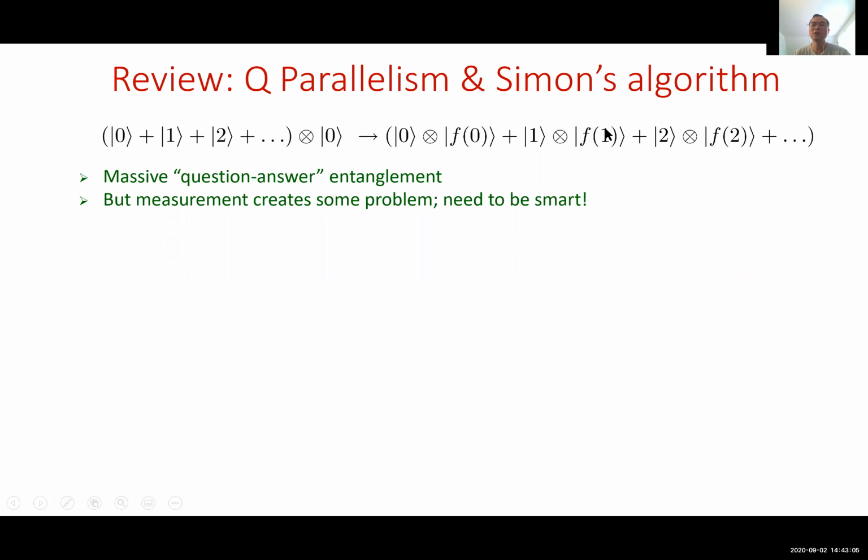Say you measure the second register and you get the value f of 0. Then the first register collapses to a subset, but still a superposition, of x such that f of x is f of 0.